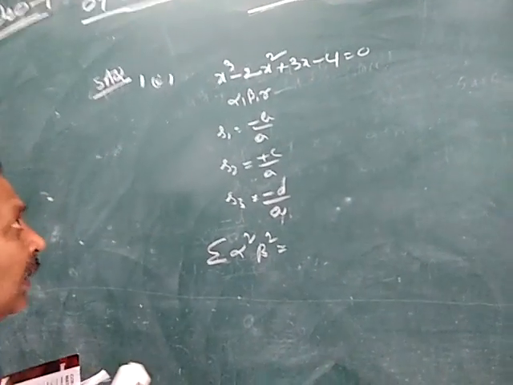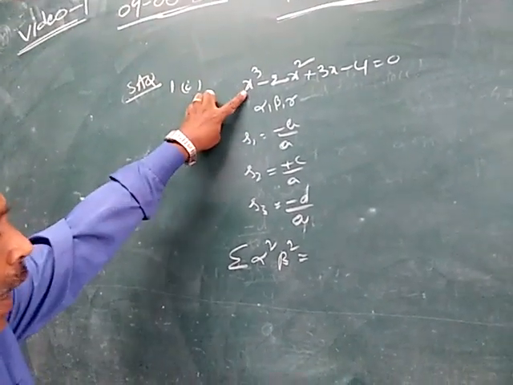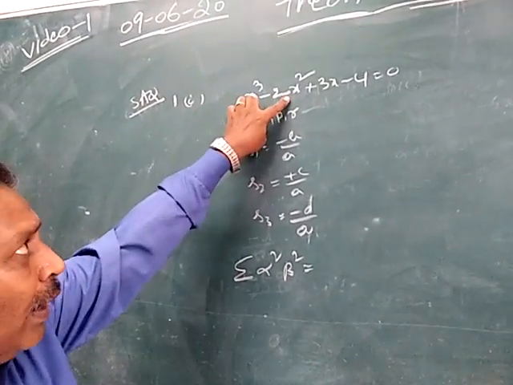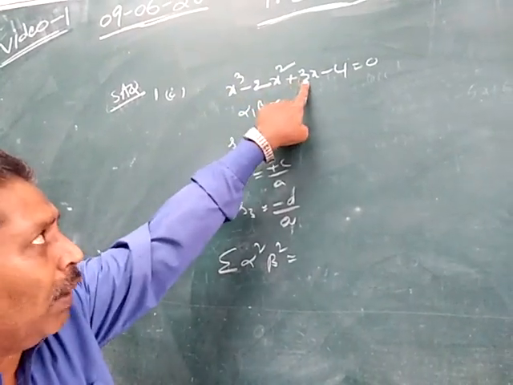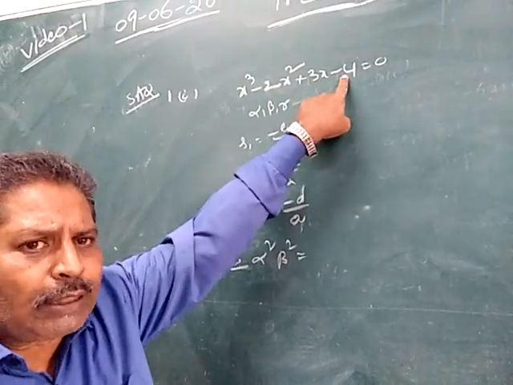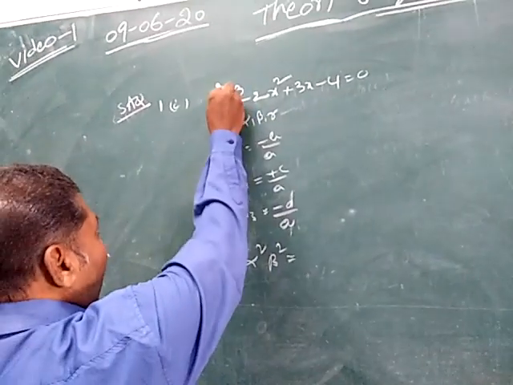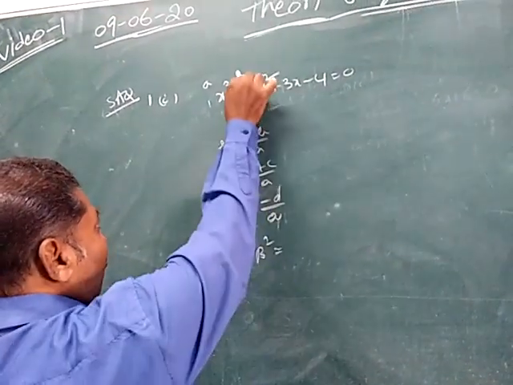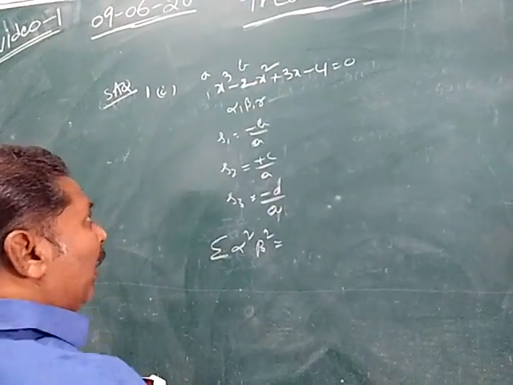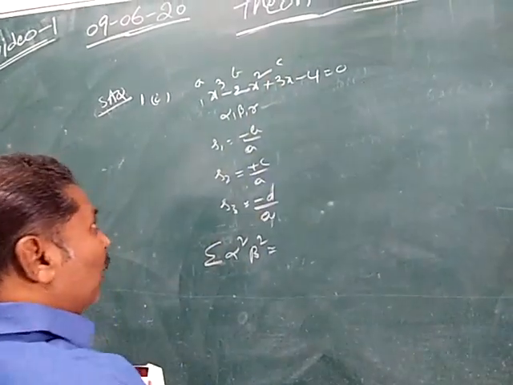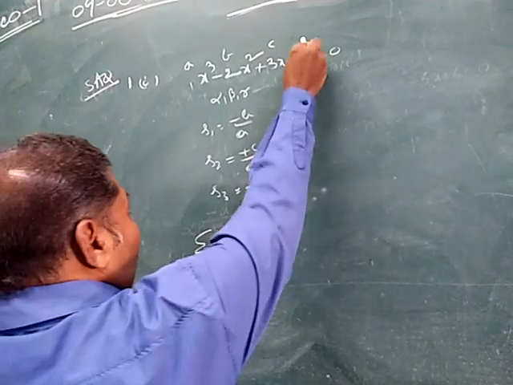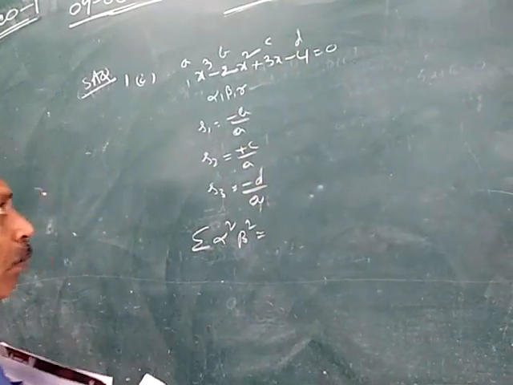Cubic equation is this one, x cube minus 2x square plus 3x minus 4 equal to 0. A value 1, B value minus 2, C value plus 3, D value minus 4.